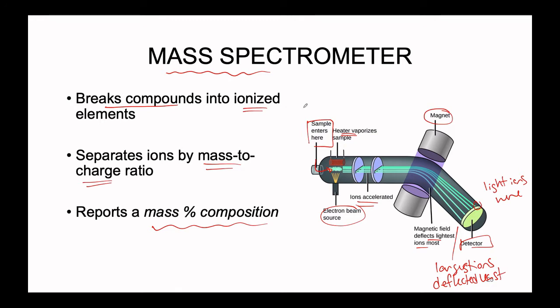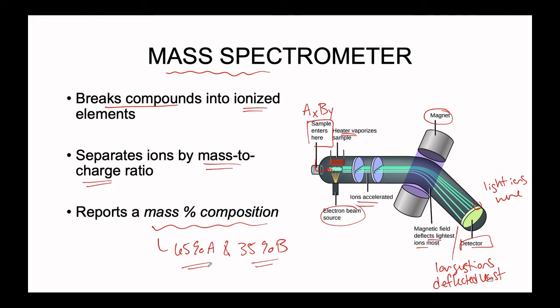So let's say hypothetically we put in something that's a certain amount of A and a certain amount of B, and we don't know what these subscripts are. We might have an idea for what A and B are, whatever they might be. So we put in the sample, it runs through the mass spectrometer, and in the simplest, most generic sense, our instrument is going to give us a report: your sample is 65% A, and 35% B. Now this itself doesn't give us explicitly a chemical formula, but we can use these percentages to figure out a chemical formula.